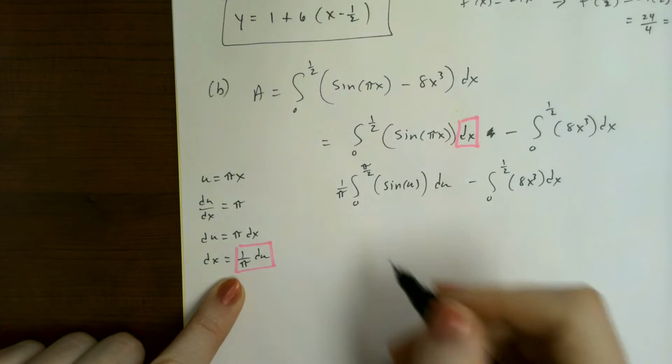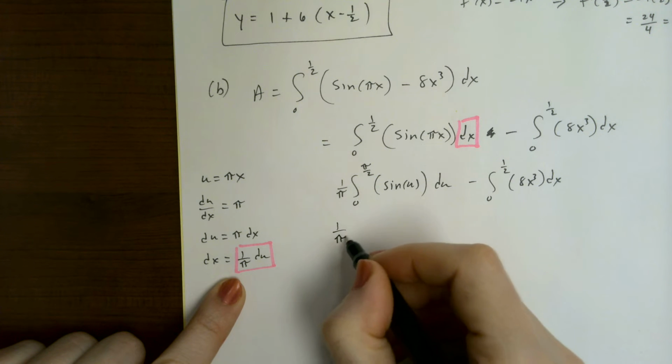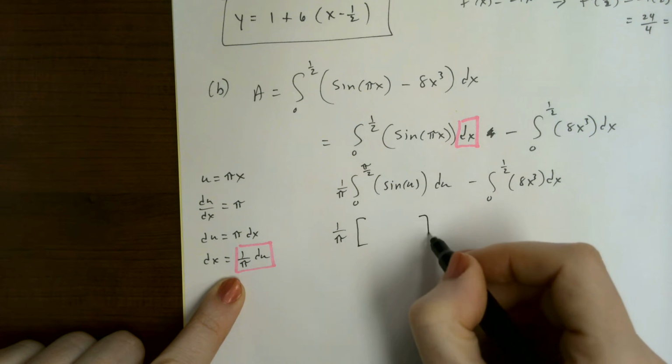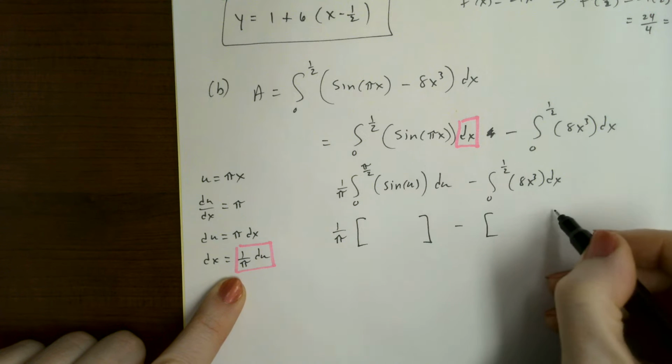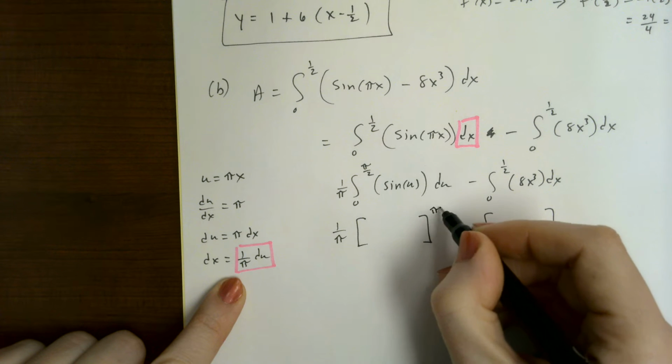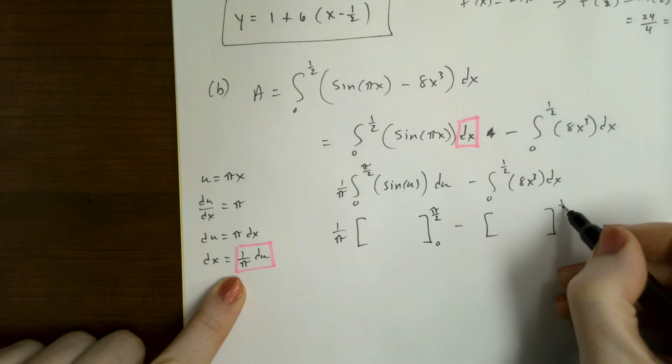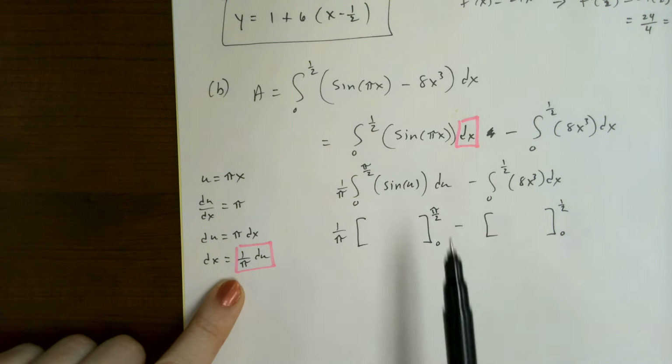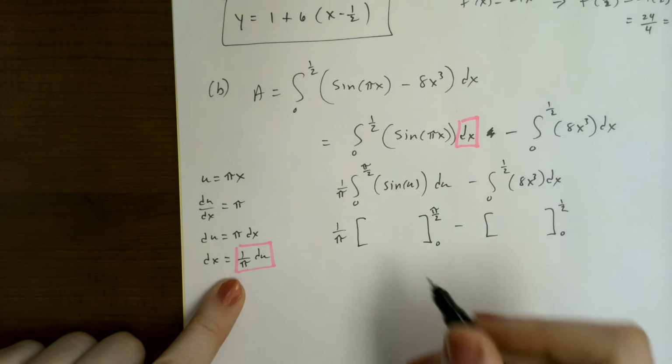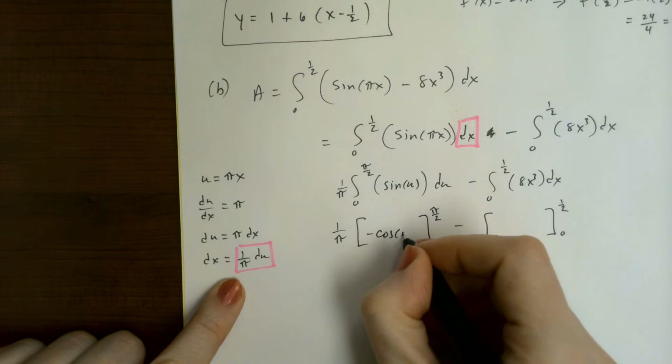Okay, now I'm going to carry down the 1 over pi, and I'll open up these brackets. The antiderivative of sine of u is negative cosine of u.